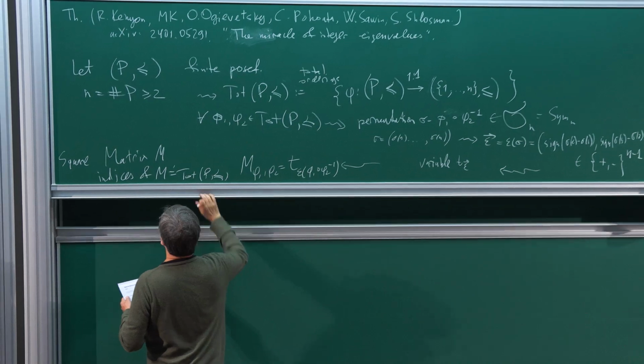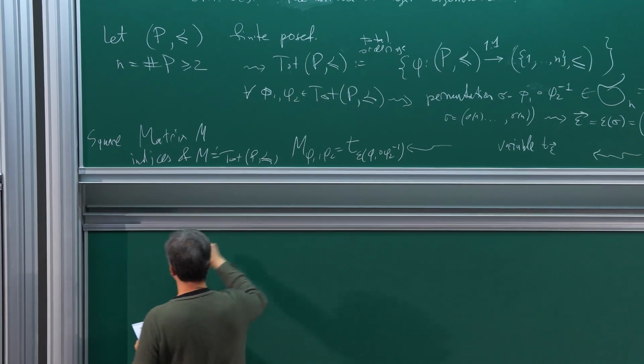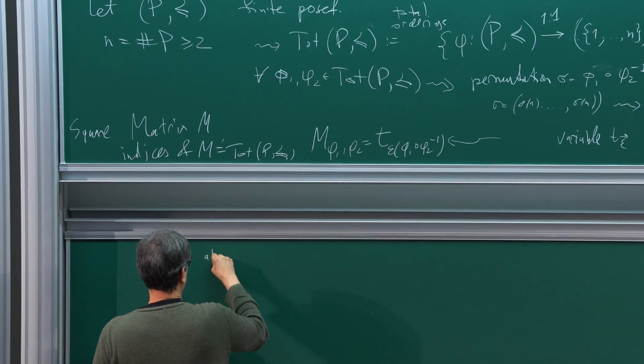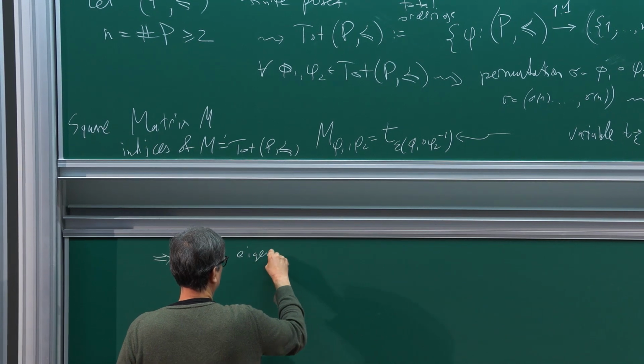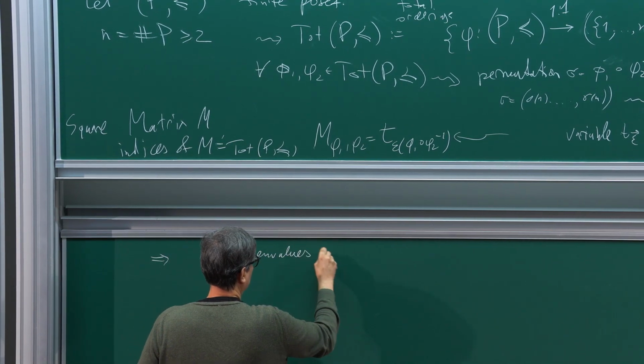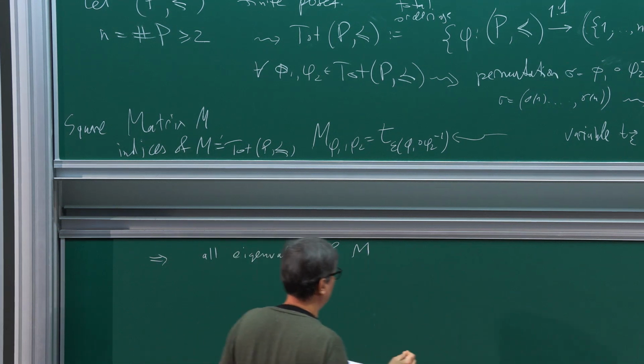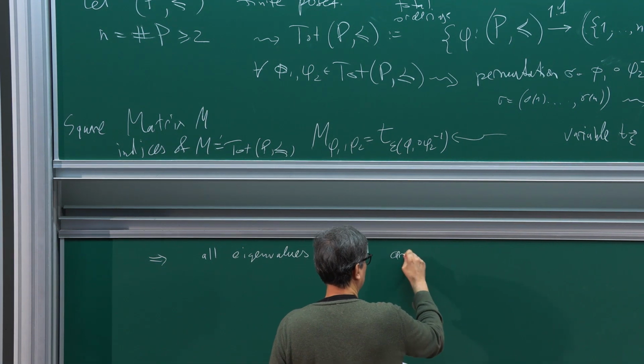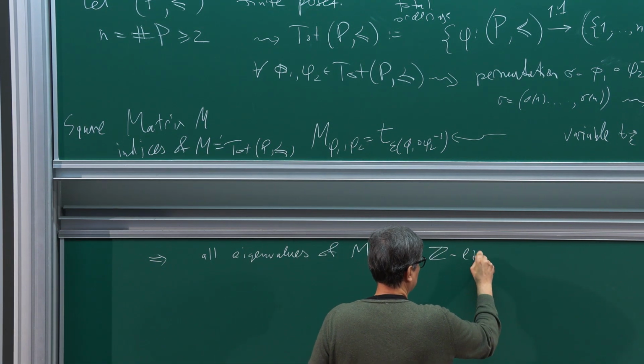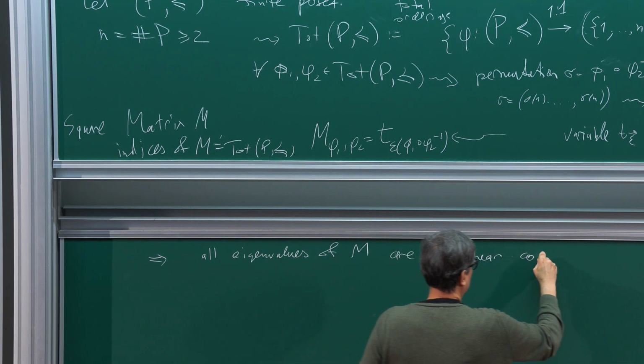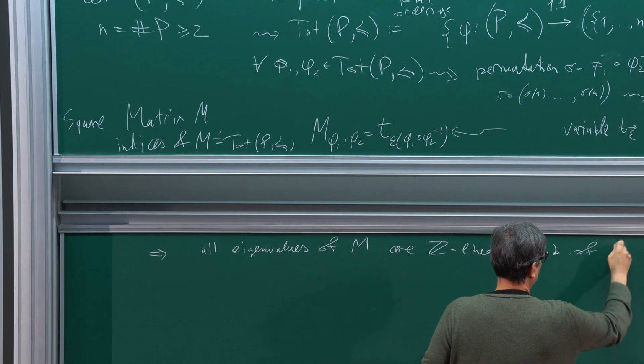And what the theorem says is that all eigenvalues of this matrix are linear combinations of variables.